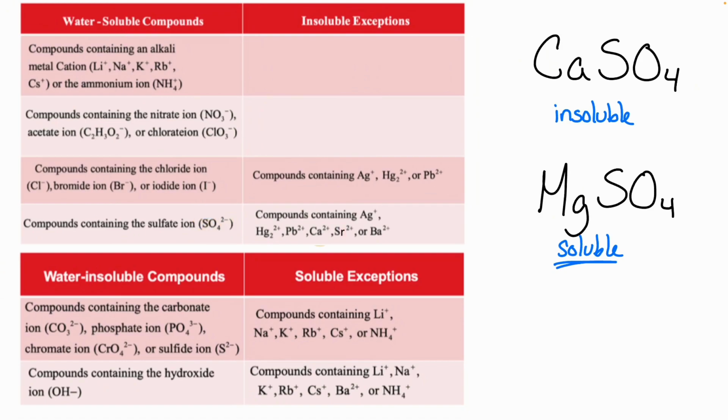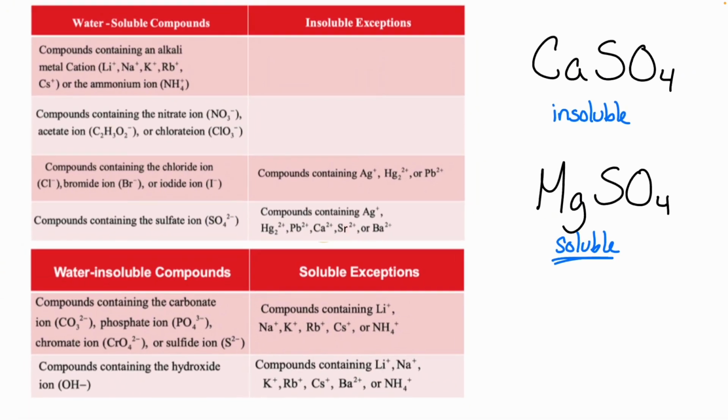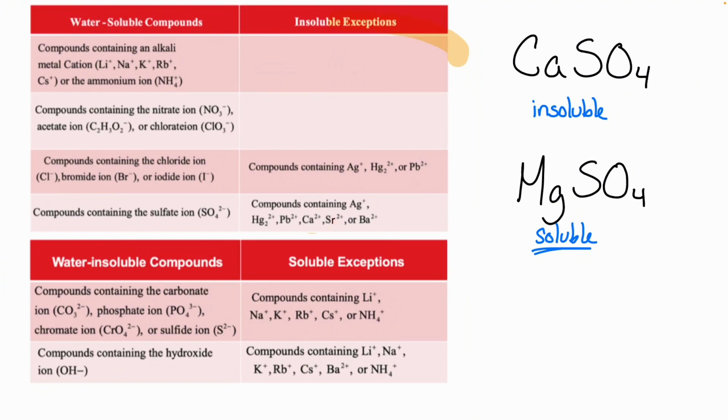Okay, we can notice that our chart is broken into these 2 parts here. We've been focusing on this very top portion here. The bottom portion is very similar. You just got to be careful because your columns are kind of switched here. If we look here, for example, phosphate is one of these listed here. What this table is telling me is that most phosphates out there are insoluble compounds.